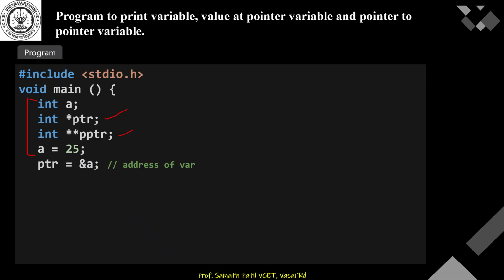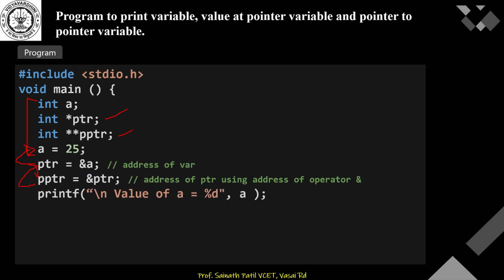Now ptr is equal to &a, that is the address of a will be assigned to ptr. So ptr will point to a. Then pptr is equal to &ptr, that is pptr is a double pointer which is going to point to another pointer variable. So here the other pointer variable is ptr, so that is why the address of ptr is assigned to pptr, which means pptr is going to point to ptr.